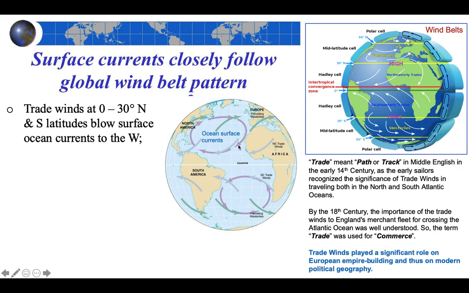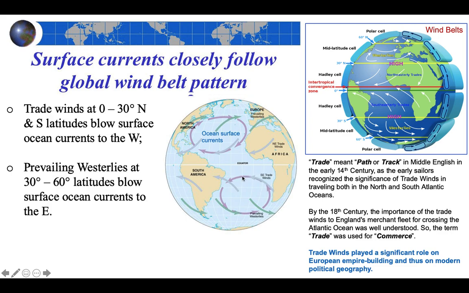Here in the northern hemisphere, you see that trade winds blowing the ocean surface to the west, and in the southern hemisphere, again from southeast to northwest, these are the strong southeast trade winds. And the prevailing westerlies between the 30-degree and 60-degree latitudes blow surface ocean currents to the east.